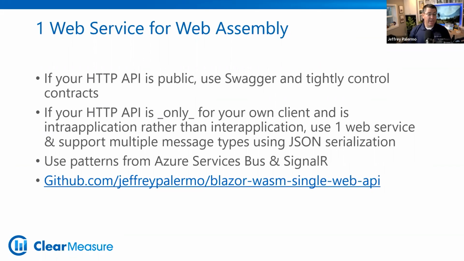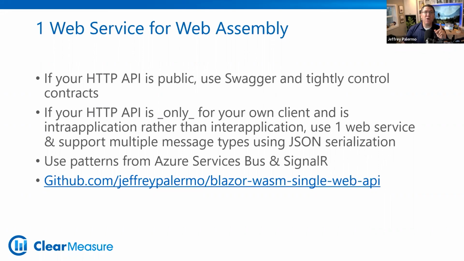But in doing so, you could have a 100-screen Blazor WebAssembly application, and every button sends a command or a query or an event to a bus, and then the bus hops it over the wire through a single web service, and then out on the server, it routes it to the appropriate handler that can get the data or process the transaction or whatnot.